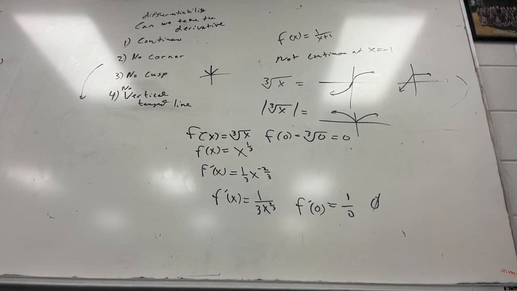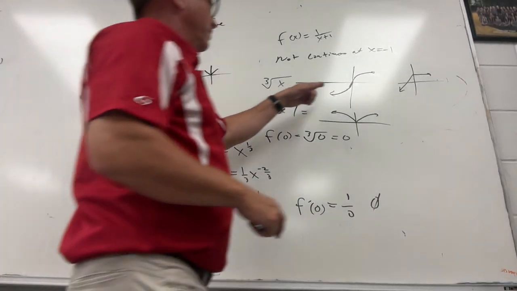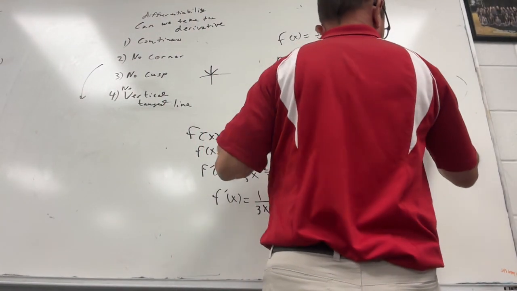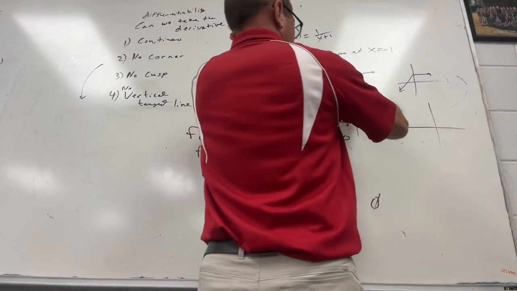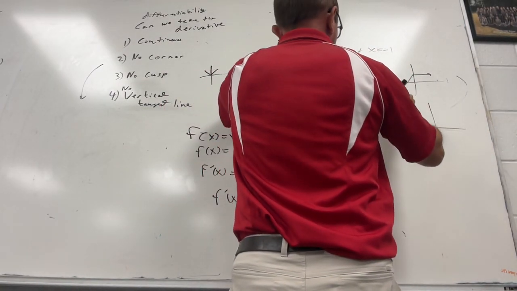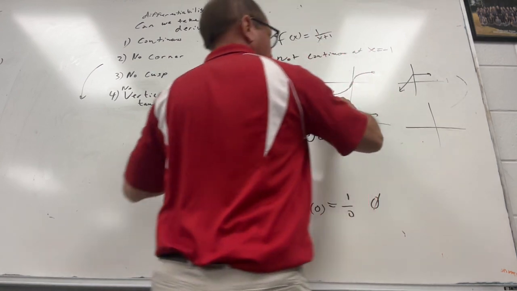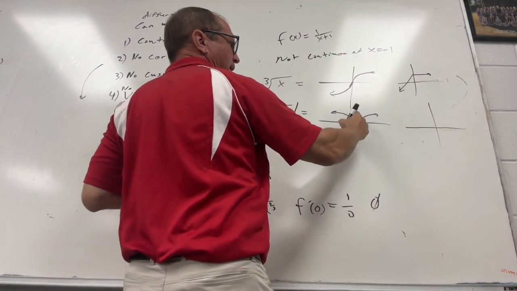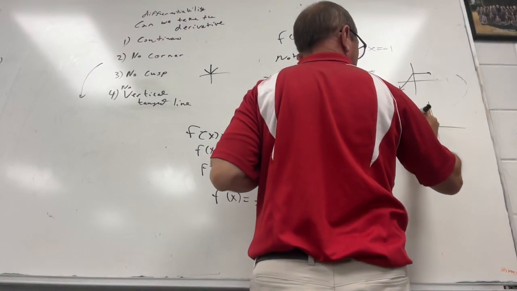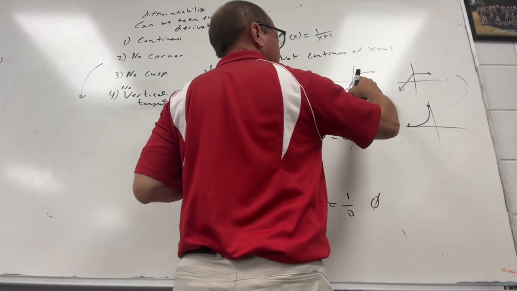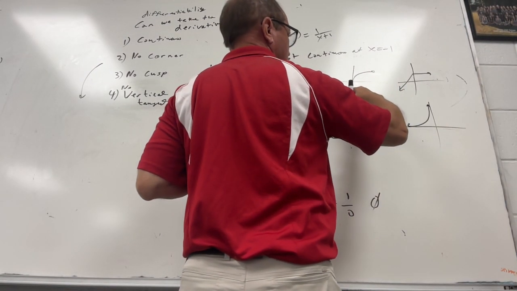Yes. So it's like an asymptote, but for the tangent line, because it's the derivative. If I graph the derivative of this, it's increasing to the left of the y-axis, right?